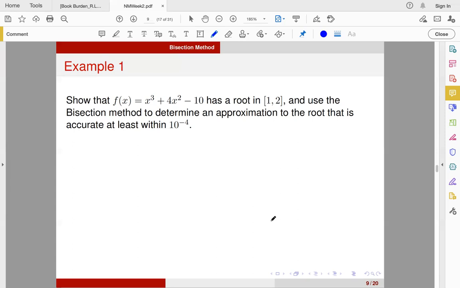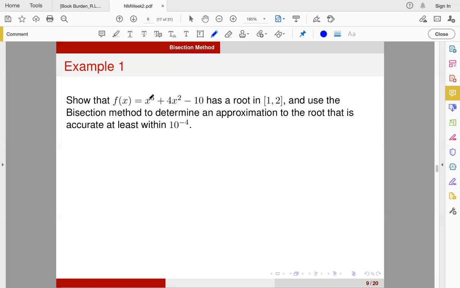Okay, so first what you need to do is show that this function has a root. Look at this. This is a polynomial of degree 3, right? So it means that at most this polynomial has 3 roots.